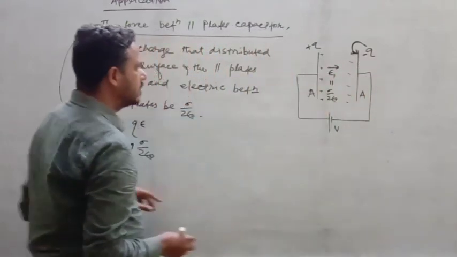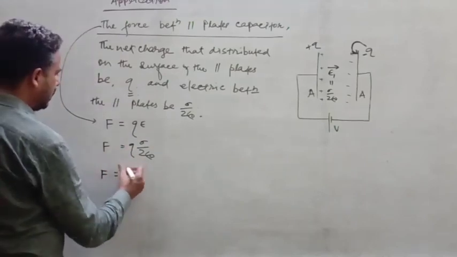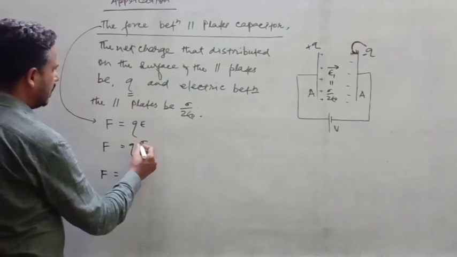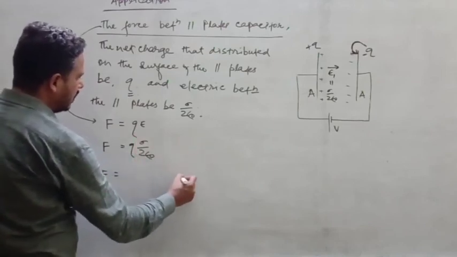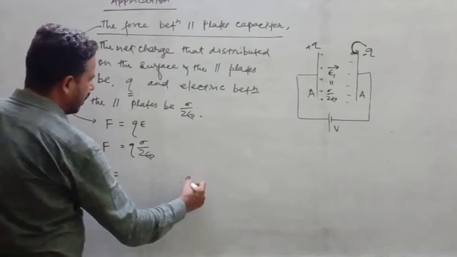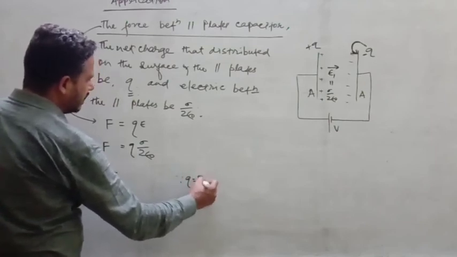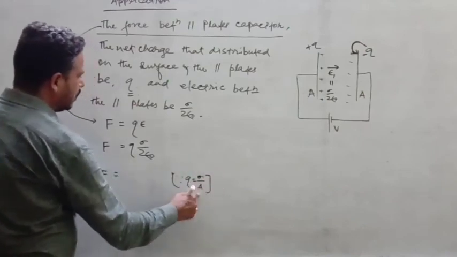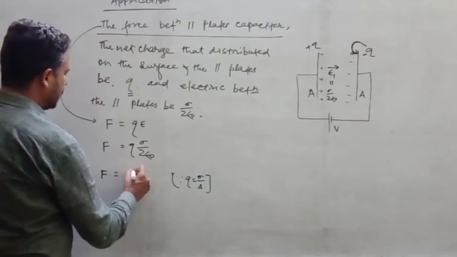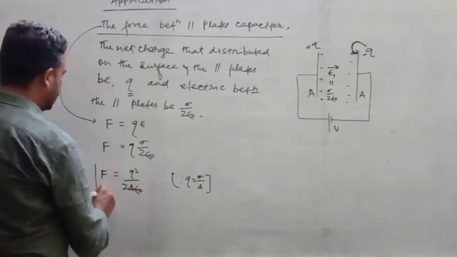So here you will get directly F is equal to, just put the value of sigma, this is Q by A. Sigma is the surface charge per unit area. So using this, you just put this here. So this is Q square by 2 A epsilon naught.